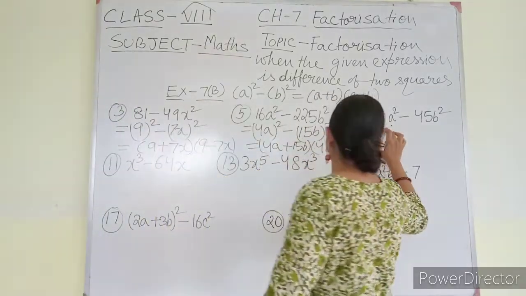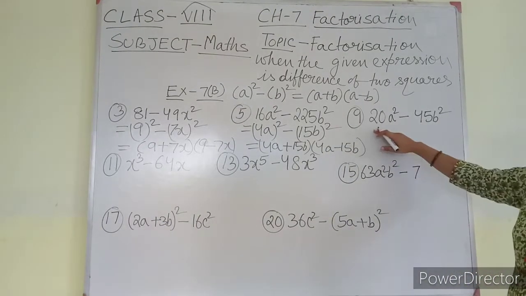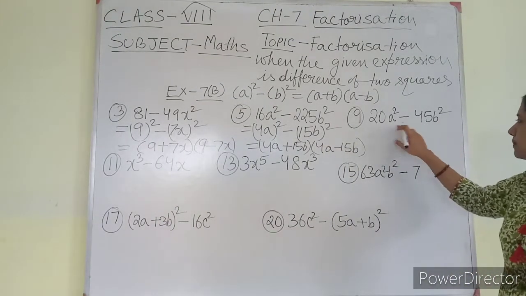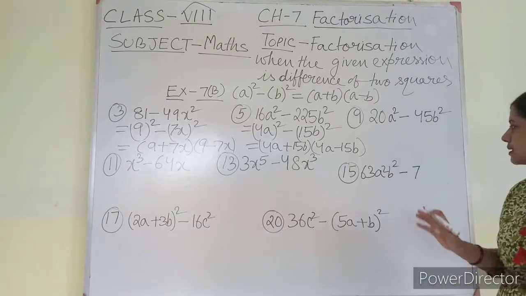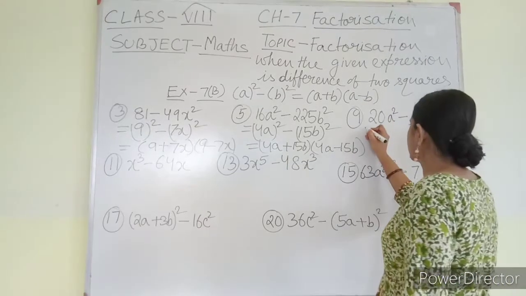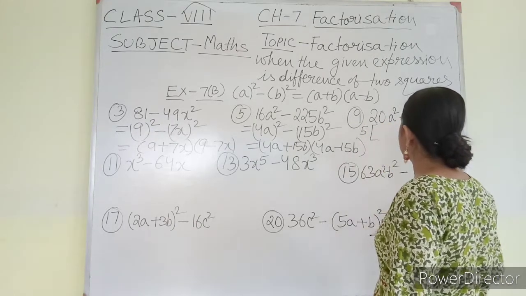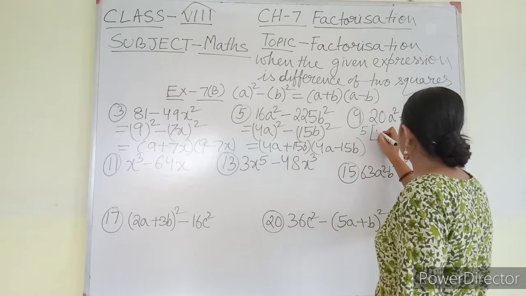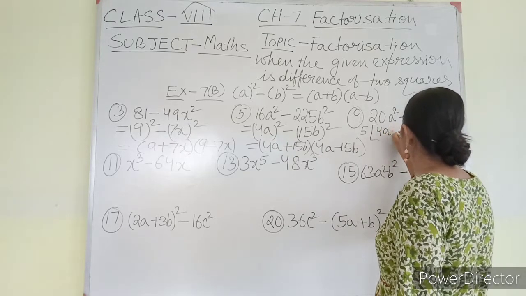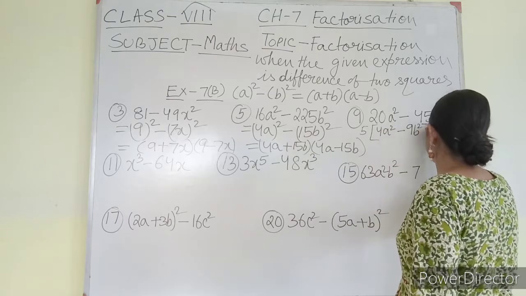Next is 20a square minus 45b square. In this I can find that something is common. 20 is a multiple of 5, 45 is also a multiple of 5. So I can take 5 as common. If I take 5 as common, what am I getting here? I am getting 4a square minus 9b square.